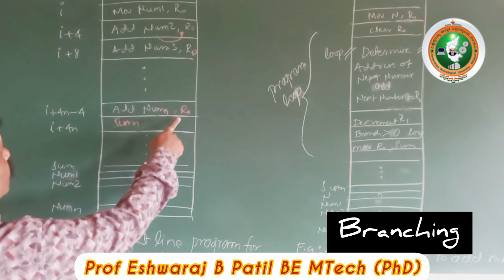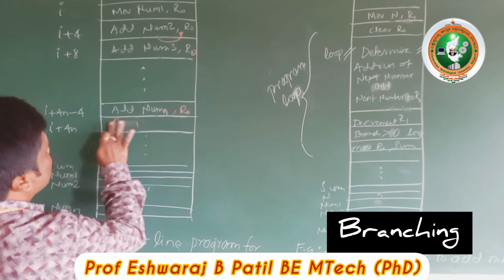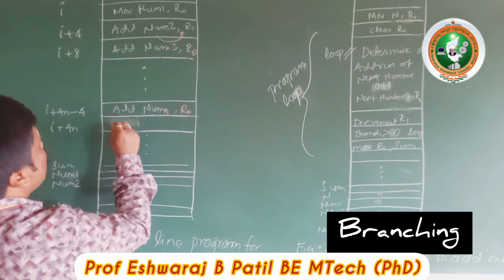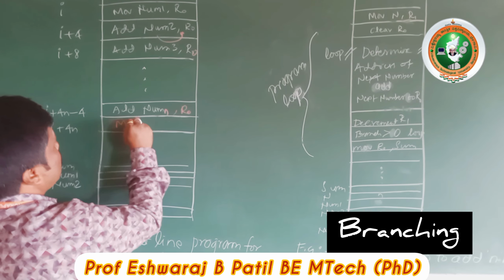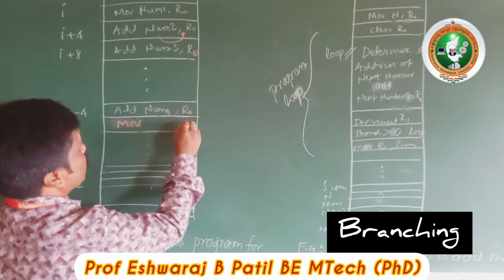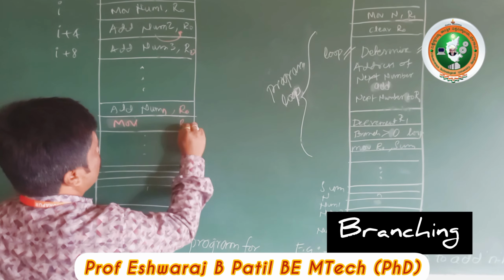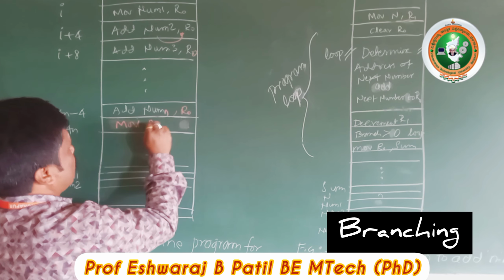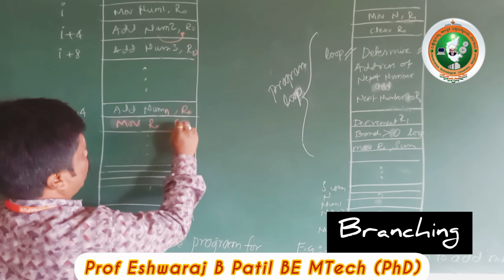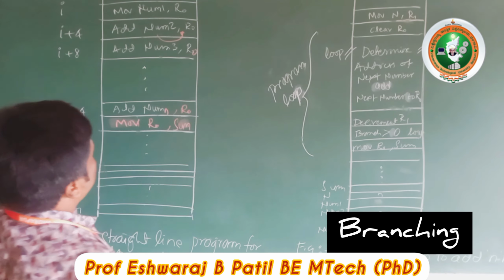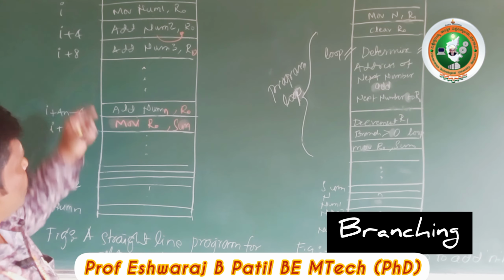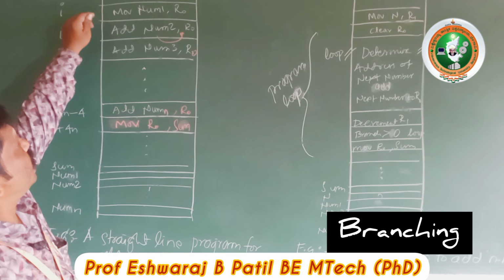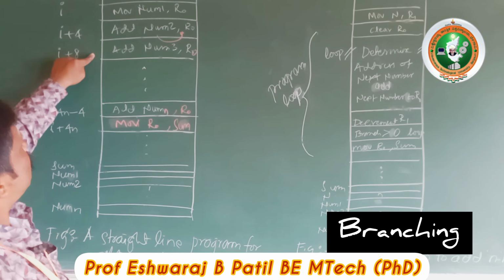The sum is in register R naught itself, so this is done with the help of copying, using the move instruction, moving R naught to sum. For the addition of these numbers, we have the first instruction, second instruction, third instruction being stored.